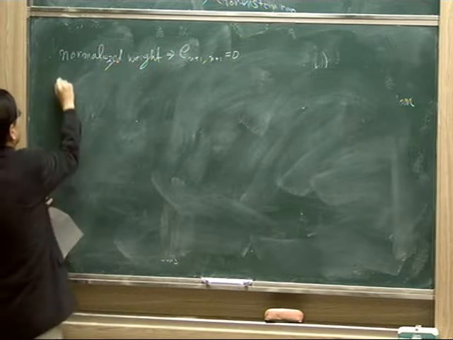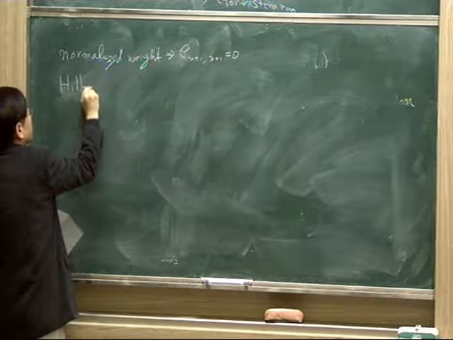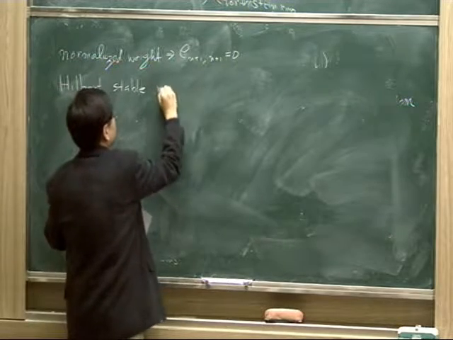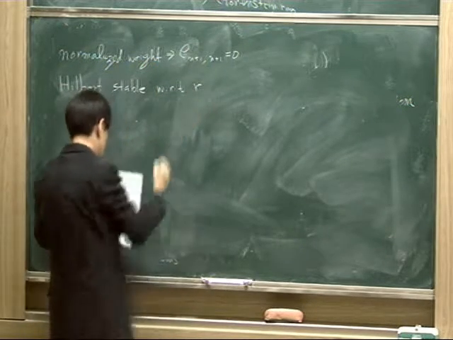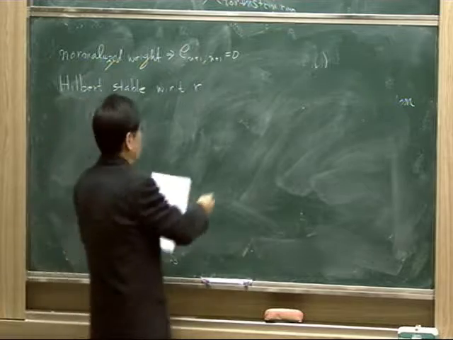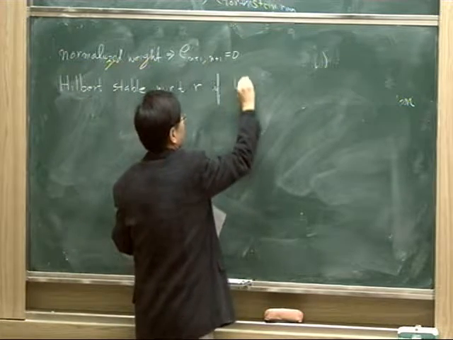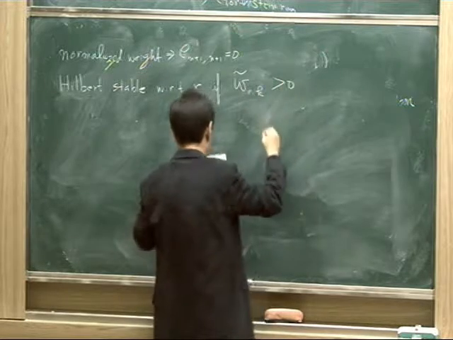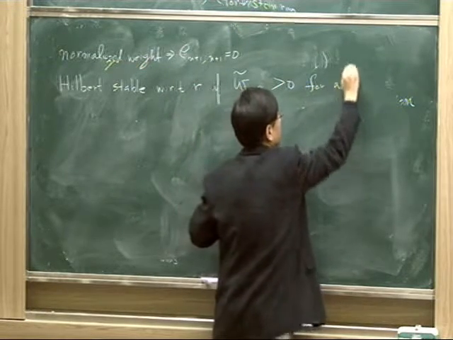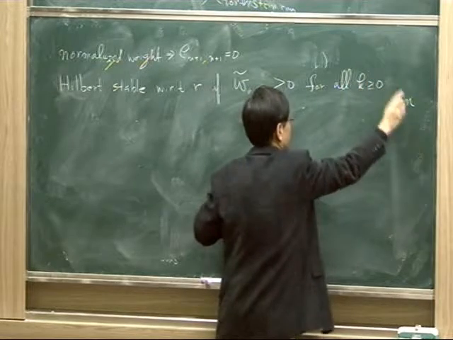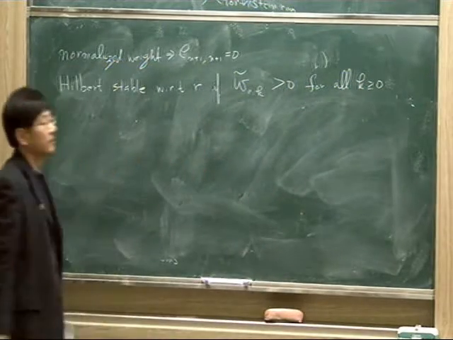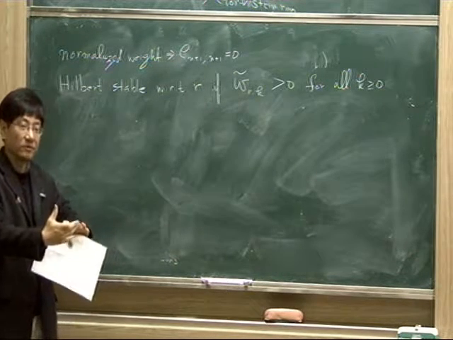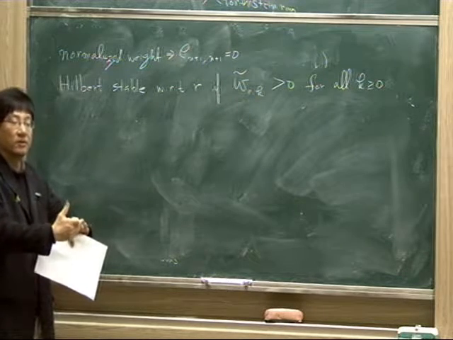So then what's the definition of stable? So Hilbert stable with respect to R is if this weight polynomial is positive. So what's the bad point in the P1 case, 4 points? A bad point is the zeros in the orbit closure.